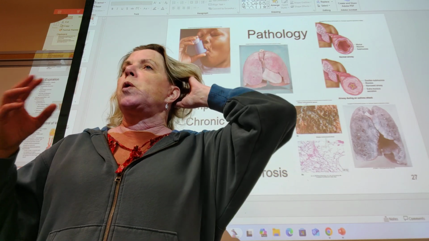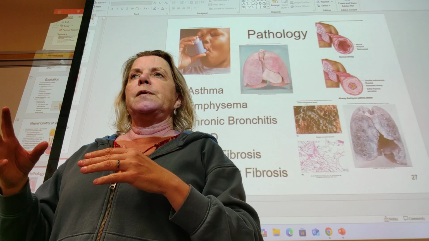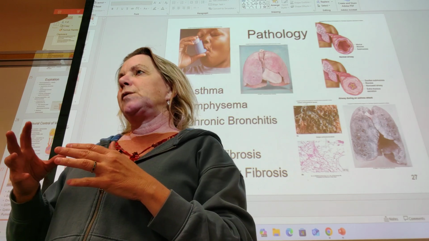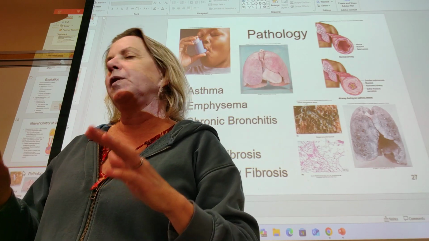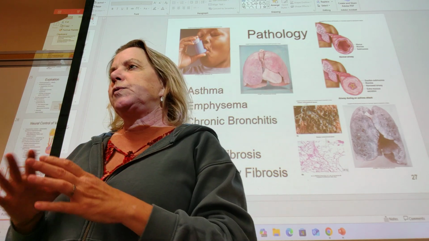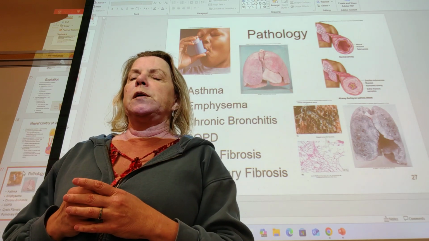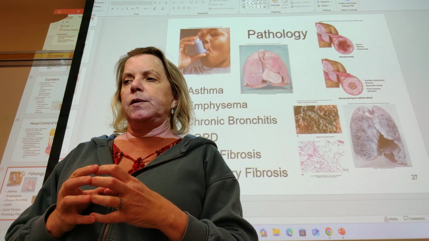And I misspoke earlier when I said the premature infant would have a problem with exhale. No, they have no problem with exhalation. Their problem is with inhalation. Sorry for that. But I will certainly make a big notice of that when we talk about our pathologies.